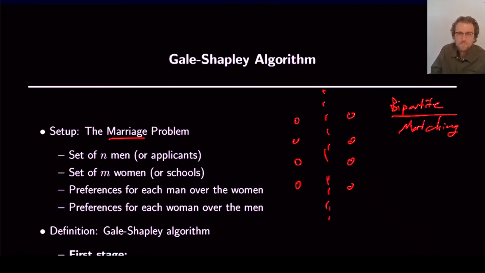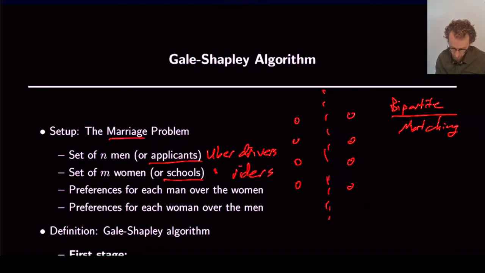But we'll throw a bone to the 1950s and carry on the tradition for the time being in terms of how we describe the problem. But understand that we're not talking about men and women. We're talking about things like applicants to medical residency programs and teaching hospitals, or things like Uber drivers and Uber riders.